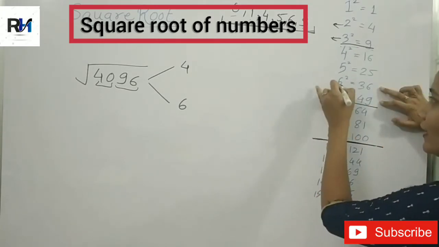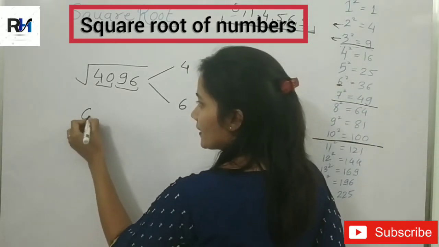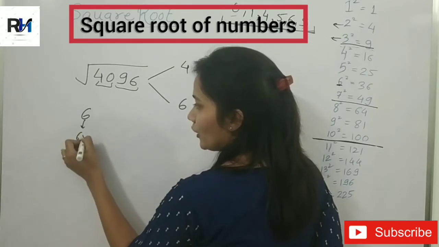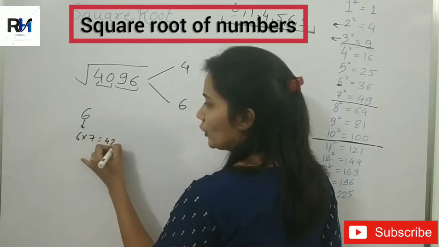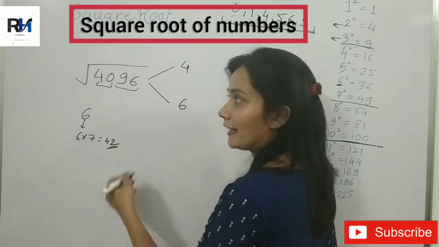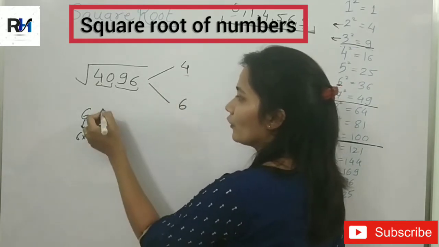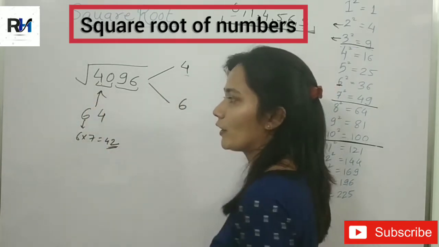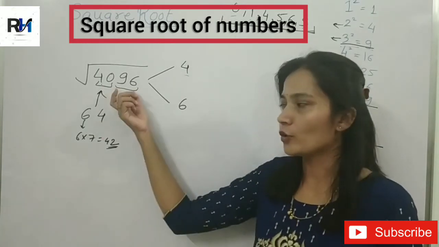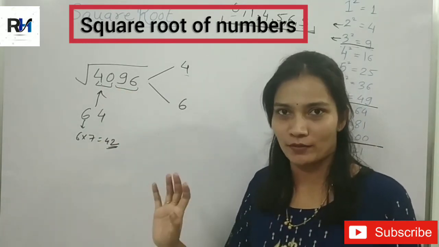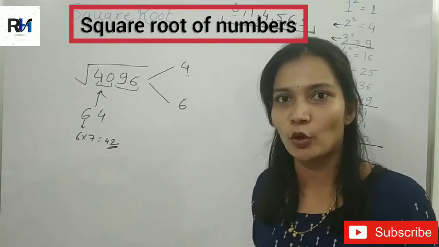We will take the smaller number, that is 6. Now 6 into 7 is 42. 42 is greater than 40, so we will take 4. So the square root of 4096 is 64.